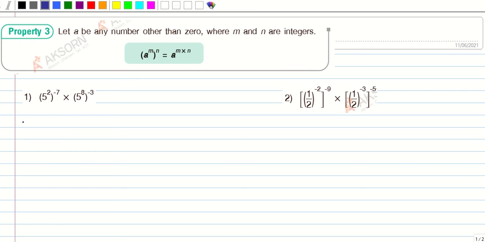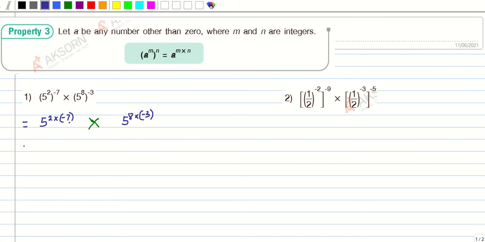So let's have it as 5 to the power of 2 times negative 7, okay, times 5 to the power of 8 times negative 3.